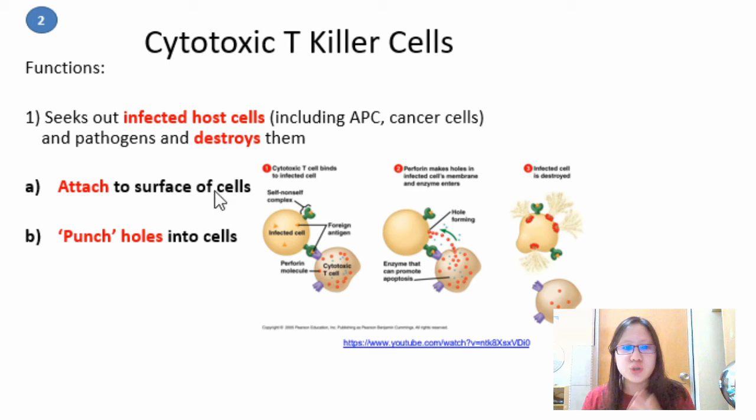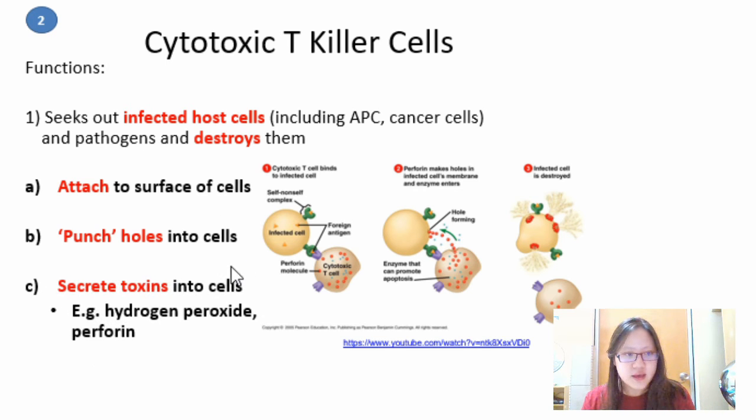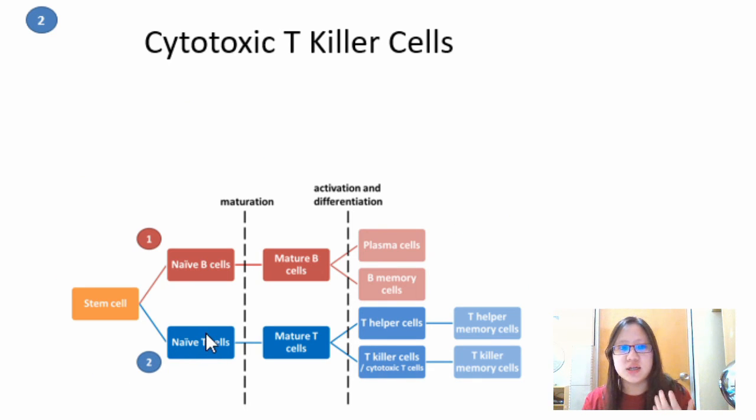Then it punches holes into cells and then secrete toxins into cells. It's sort of like throwing a grenade. So what does it secrete into the cells? It secretes hydrogen peroxide sometimes, or sometimes perforin, which is another sort of chemical, in order to kill the cell.